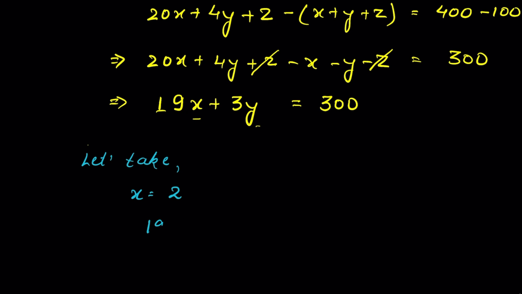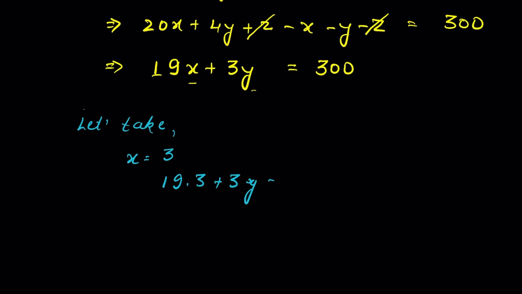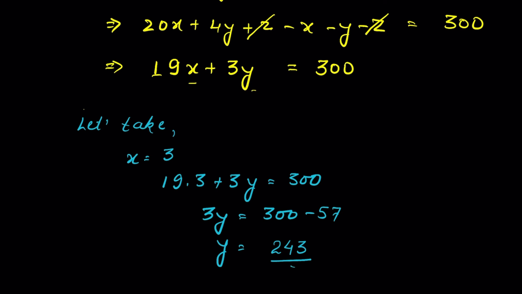Then 19 times 2 is 38, so 38 plus 3y equals 300. 3y equals 300 minus 38, so y equals 262 upon 3. Not an integer solution. If we take x equals 3, then 19 times 3 plus 3y equals 300, or 3y equals 300 minus 57, so y equals 243 by 3.